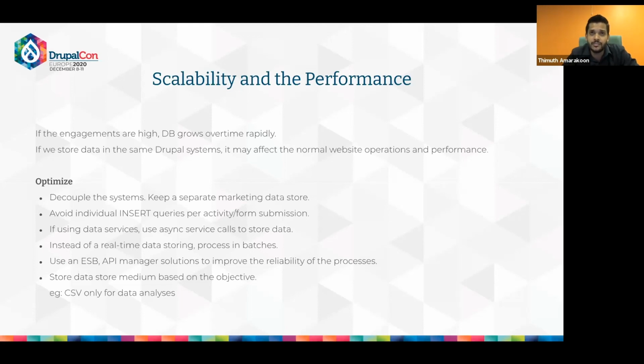And if you are using data services to feed data to these databases, you might need to use async service calls. And instead of using real-time data storing, maybe you can think about storing the data in batches, like once a day or twice a day, based on your analytics requirement or data requirement.